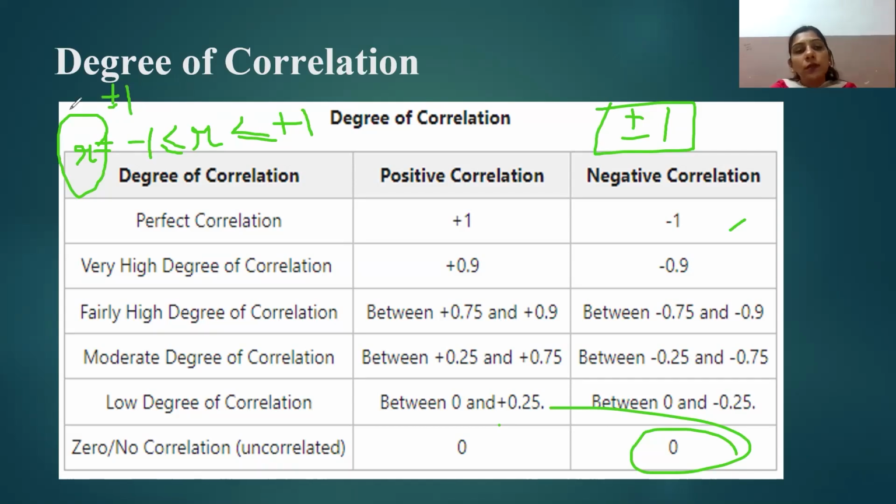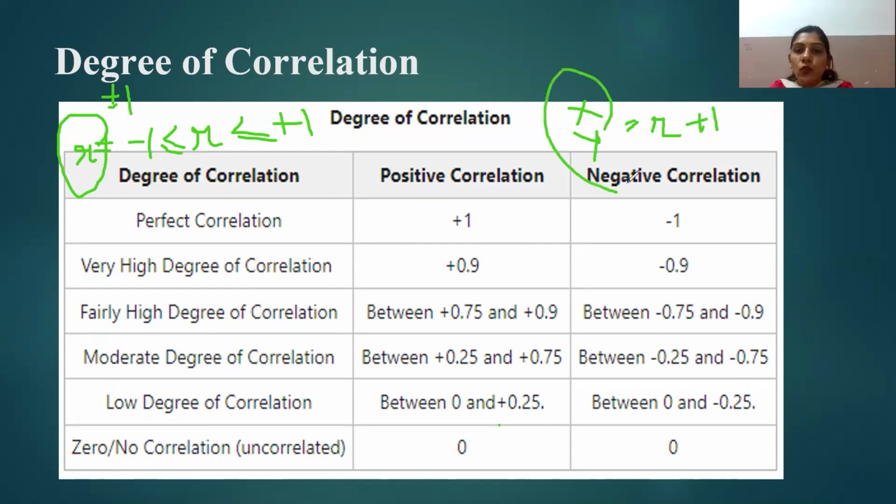So on the basis of this we can say that if there are two variables x and y that have a strong positive linear correlation, then the value of r is close to plus 1.